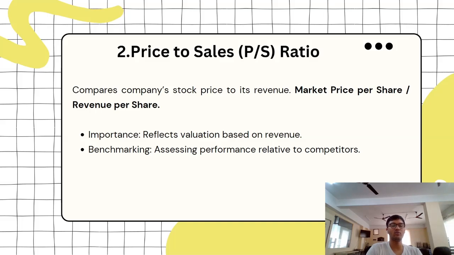So they are highly overvalued. The company has 20,000 crore rupees of revenue, the market price of the company is 2 lakh crore rupees, and the share price is around 300 rupees. The revenue and business profits don't justify the valuation.